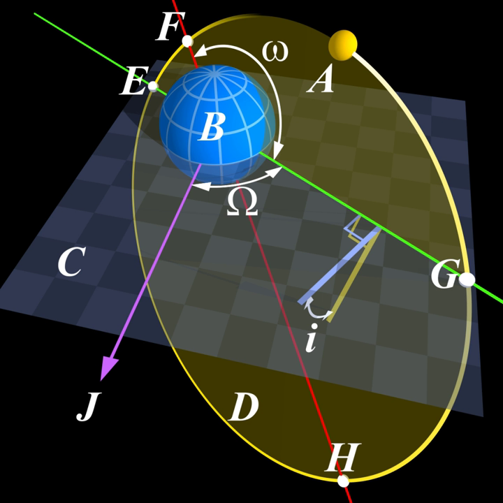B equals A times the square root of 1 minus epsilon squared, the semi-minor axis. R equals SP, the distance between Sun and planet.